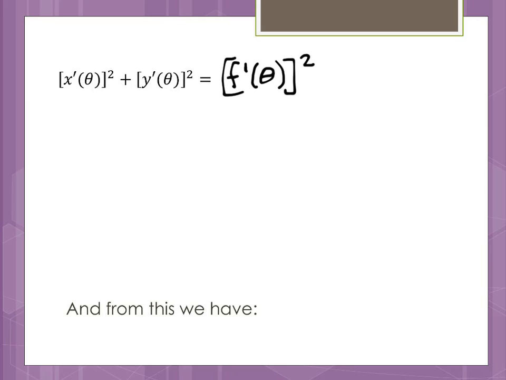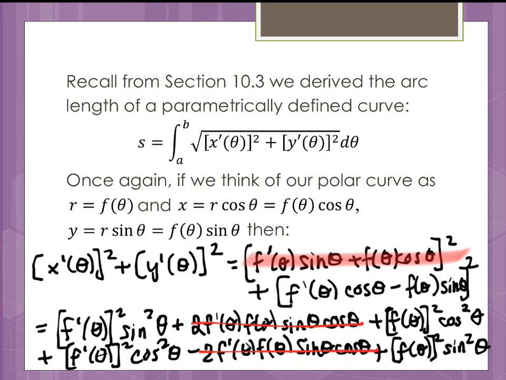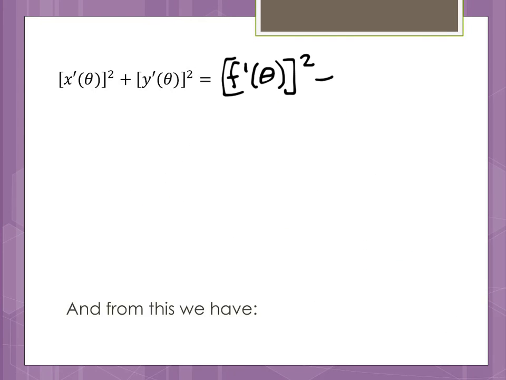We don't get the other pieces at all because sine squared plus cosine squared is 1. And the same thing happens at the end, right? I've got f of theta squared in both of them, and one of them is cosine squared and one of them is sine squared. When we add them together and factor out the f squared, we end up with sine squared plus cosine squared, which is 1. So we only end up with f of theta quantity squared.